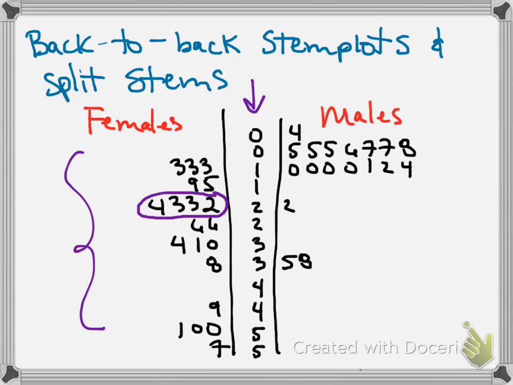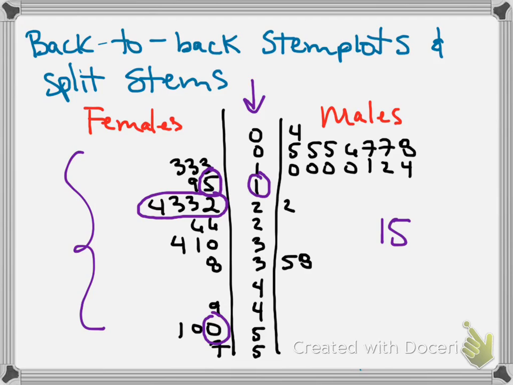And let's just make sure we understand what this represents. For instance, if we're looking at this leaf of 5 right here, well, what does that mean? That means that there was some female in this data set who owns 15 pairs of shoes, because again, the stem is 1, the leaf is 5. What does this 0 down here represent?